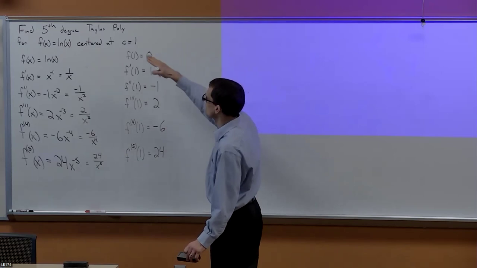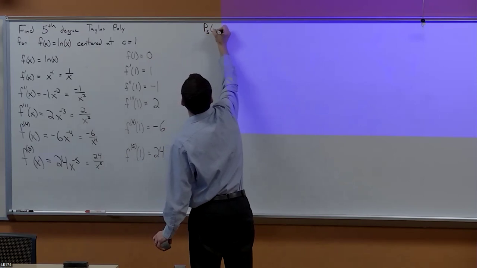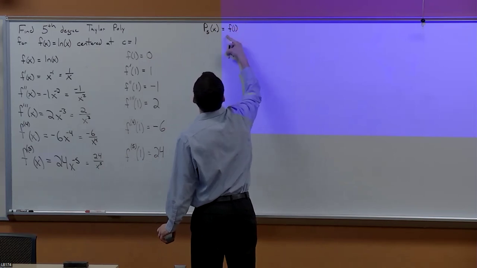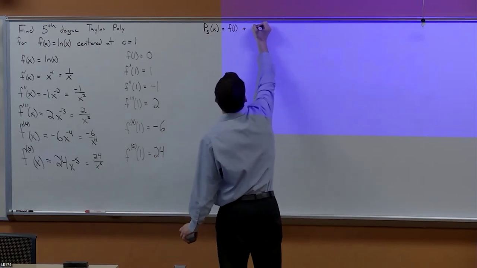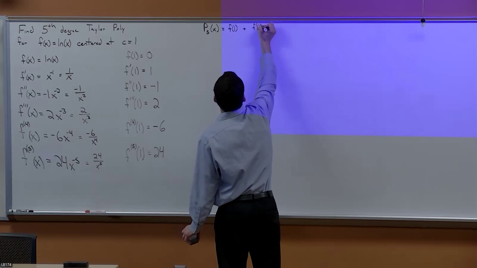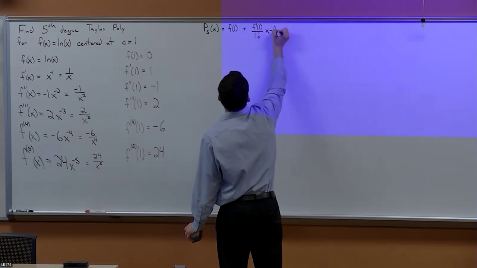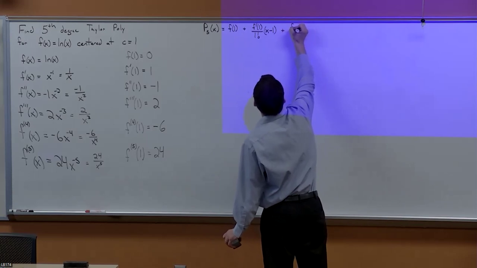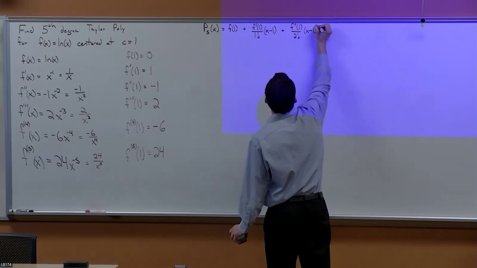I need all these for my fifth degree Taylor polynomial, and I'm just going to write it out. It is going to be my constant, which is f of 1, plus the first derivative evaluated at 1 divided by 1 factorial times x minus 1 to the first power, plus my second derivative evaluated at 1 over 2 factorial times x minus 1 to the second power.